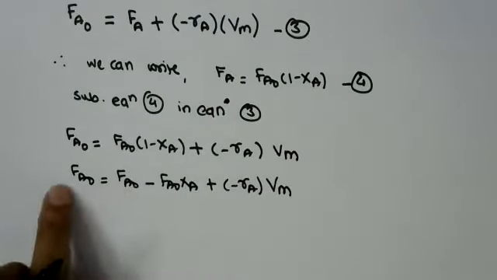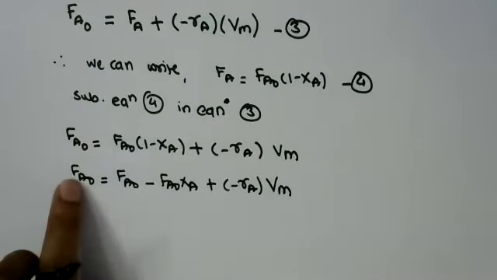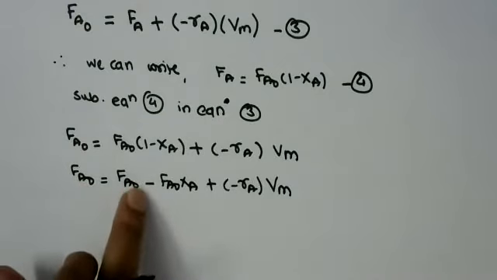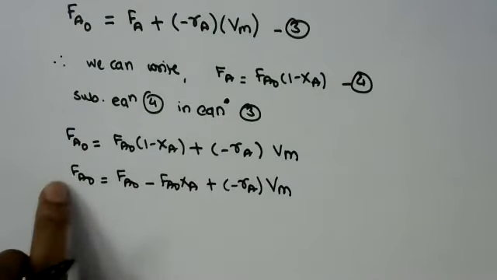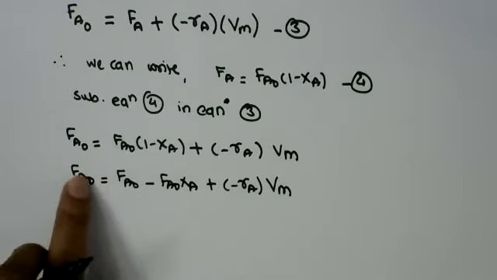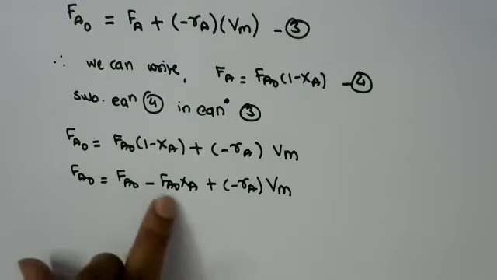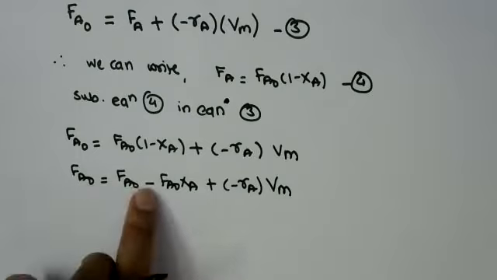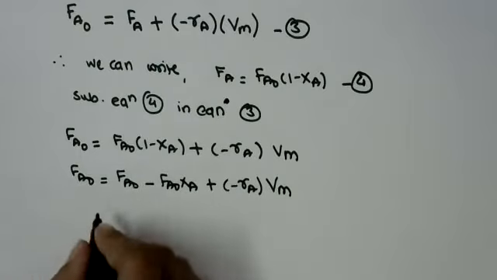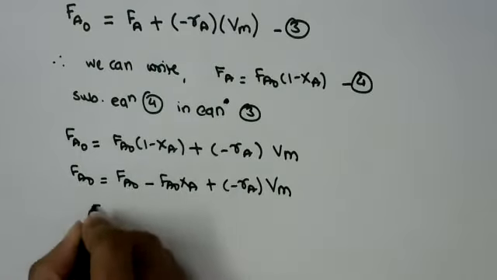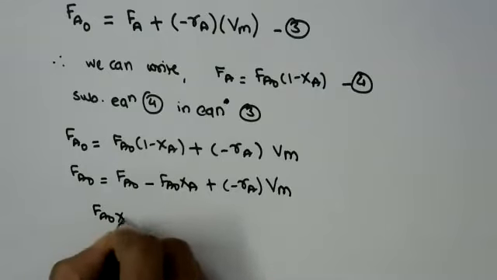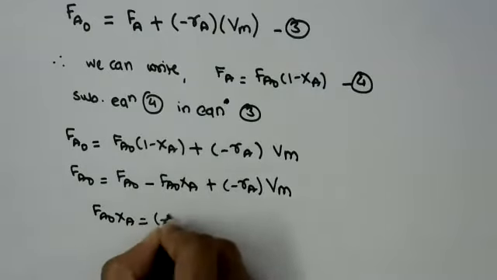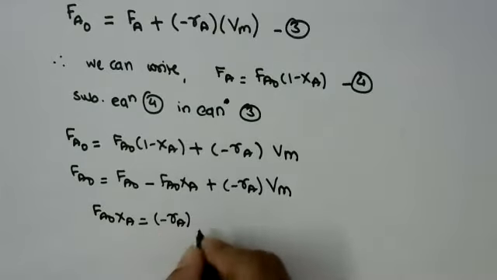Now if you shift this FA0 to the LHS, FA0 minus FA0 will be equal to 0, and this minus becomes positive. After simplification we get FA0 XA is equal to minus RA into VM.